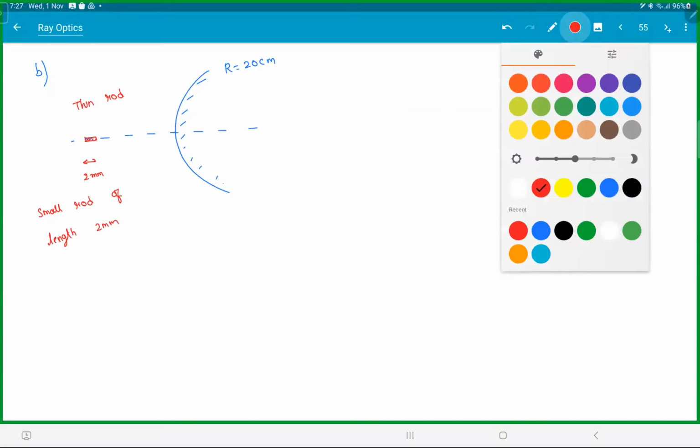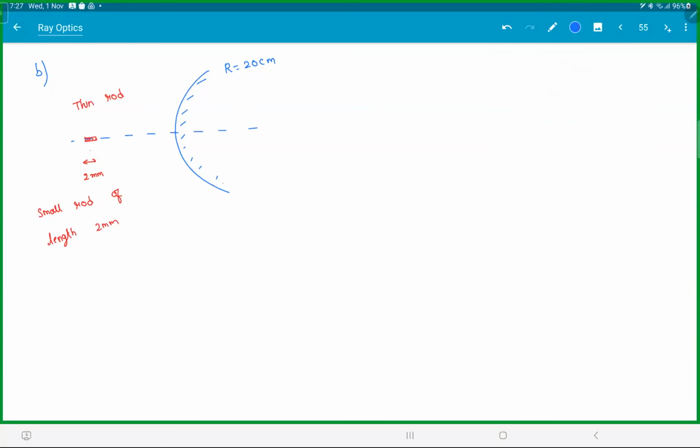It's just too small. Whereas this distance is, let's say, 20 centimeters. Now find the length of the image. The 20 centimeters is to the center of the rod.